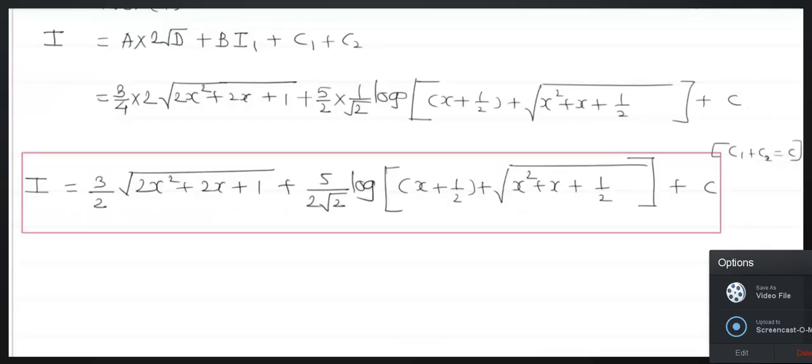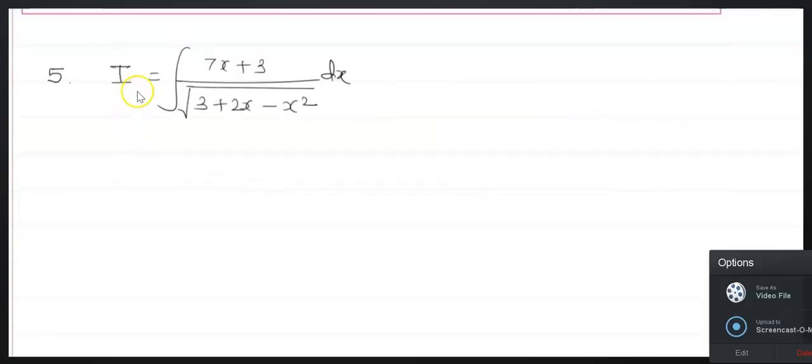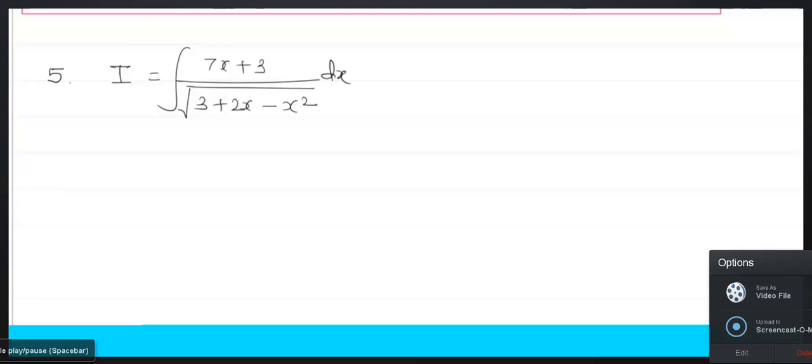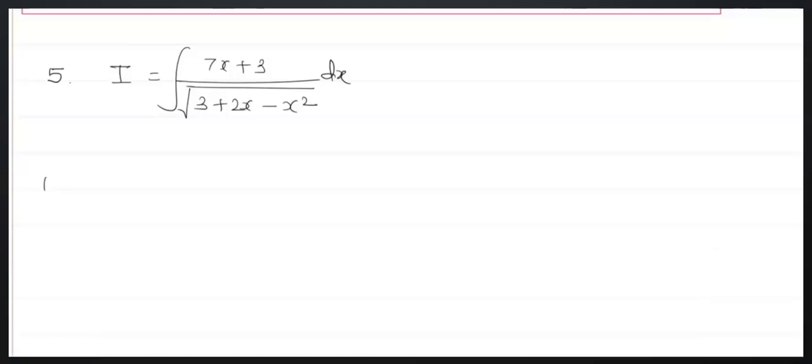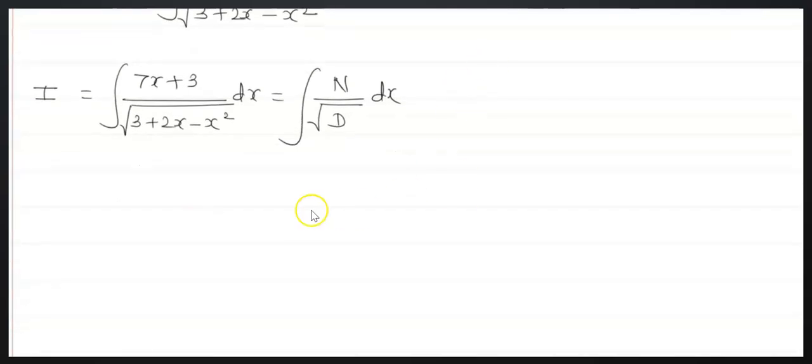Now the next is example number 5. I is equal to integral 7x plus 3 upon root of 3 plus 2x minus x square. It is of the form integral numerator upon root of d dx.